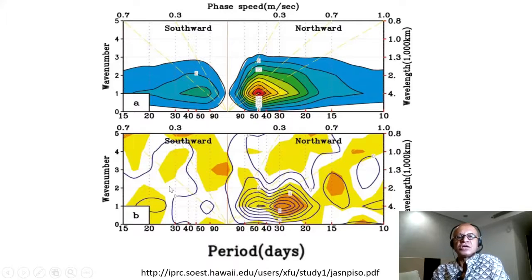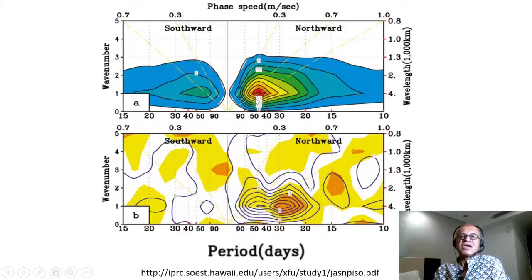This is showing the wave number frequency diagram for a coupled run and the difference between an air-sea coupled run and an atmosphere forced with daily rainfall. They also look at SST forcing, where the daily variability has been removed and climatological SSTs are used, which makes the simulations even worse.